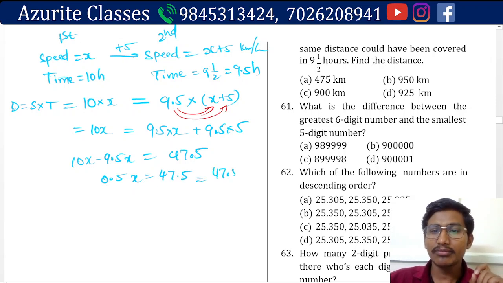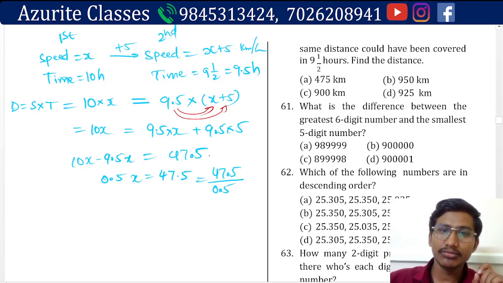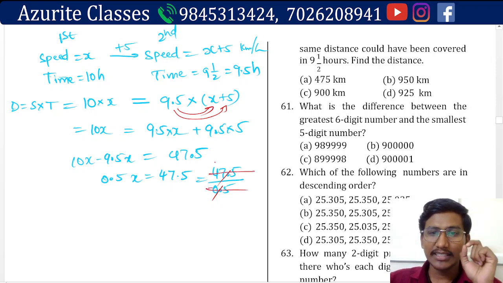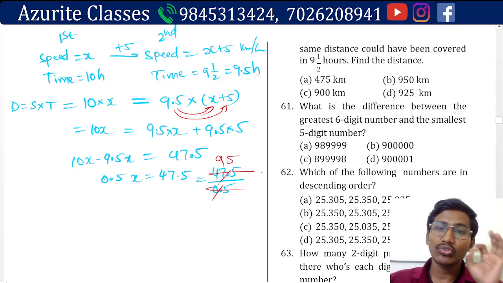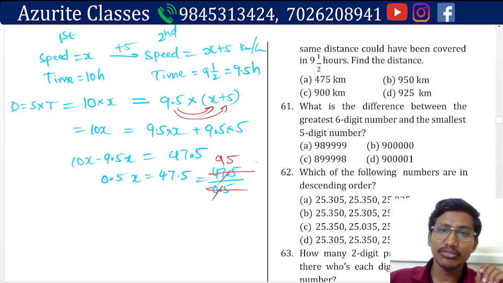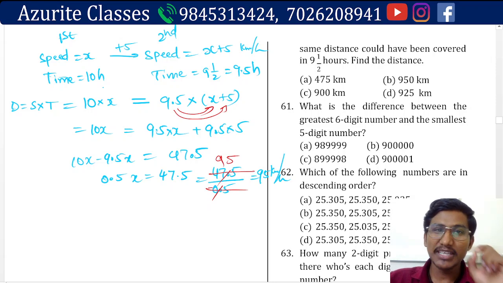So 47.5 divided by 0.5, the decimal points cancel, and we have to divide by 5 now. 5 nines are 45, 2 will bring down 5, 5 fives are 25. So 95 kilometers per hour is the speed.